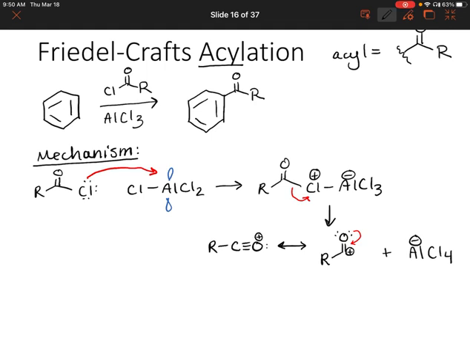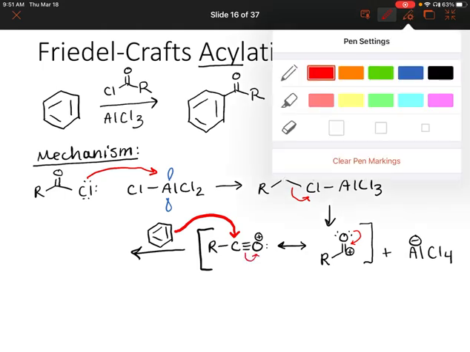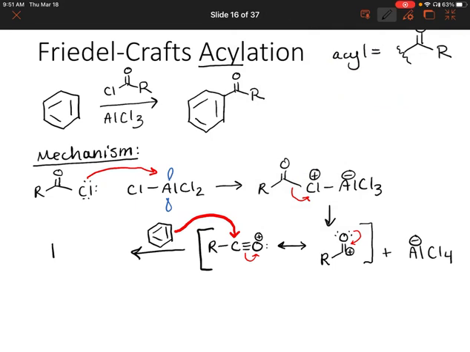And this is what creates our electrophile that the benzene ring can react with. So let's add in our benzene ring and show that reaction here. So benzene's going to come in, attack that central carbon, which will move pi electrons back over to oxygen. And we get our sigma complex, or arenium ion.